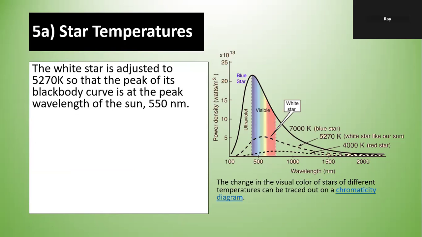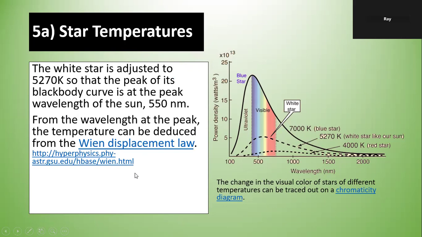The white star is adjusted to 25270 Kelvin so that the peak of its black body curve is at a peak wavelength of 550 nanometer. We are not interested in the peak wavelength, but the peak power at a particular wavelength.